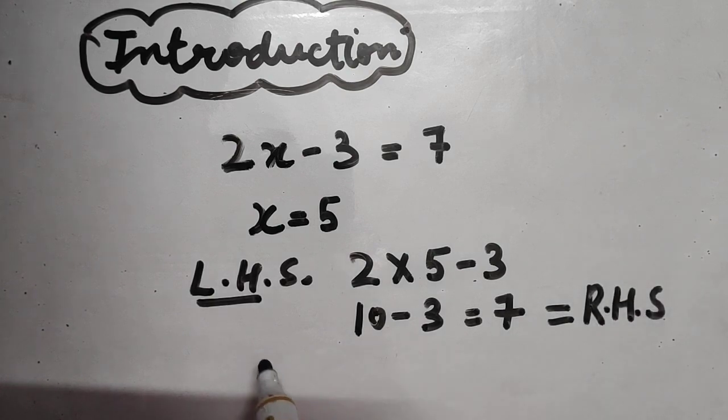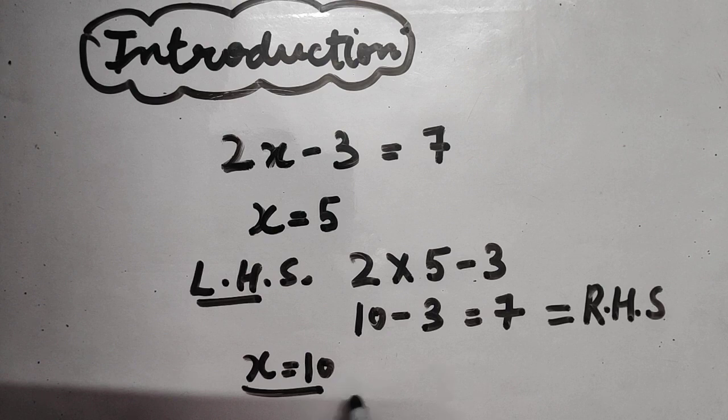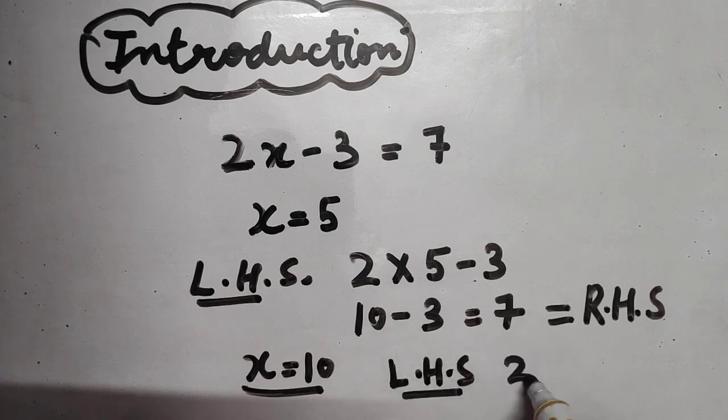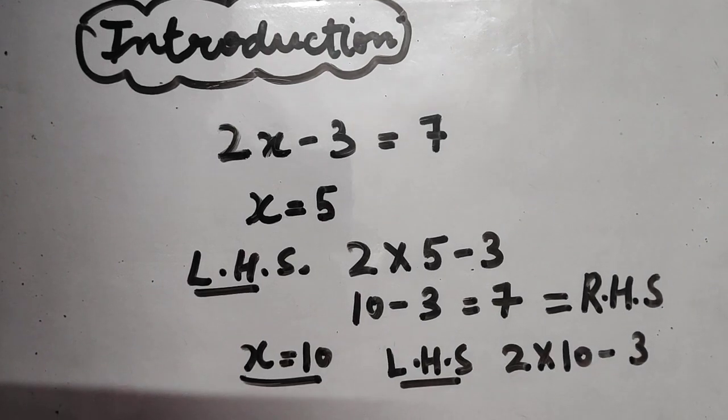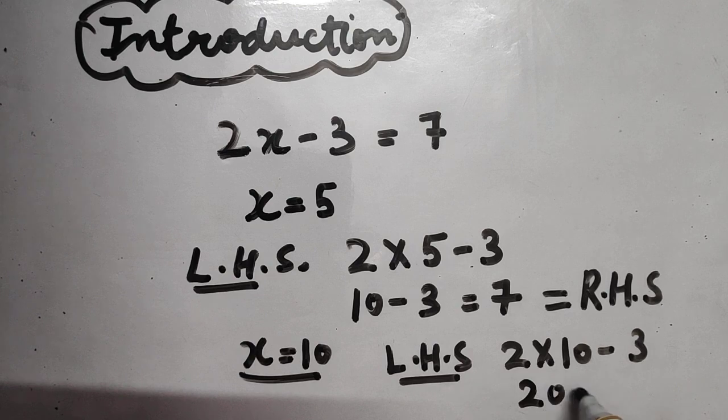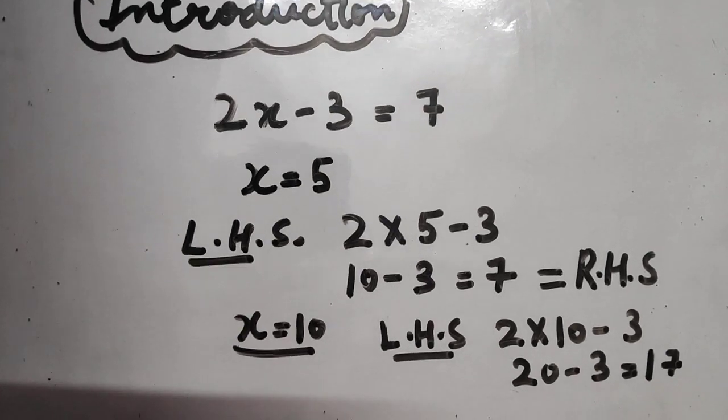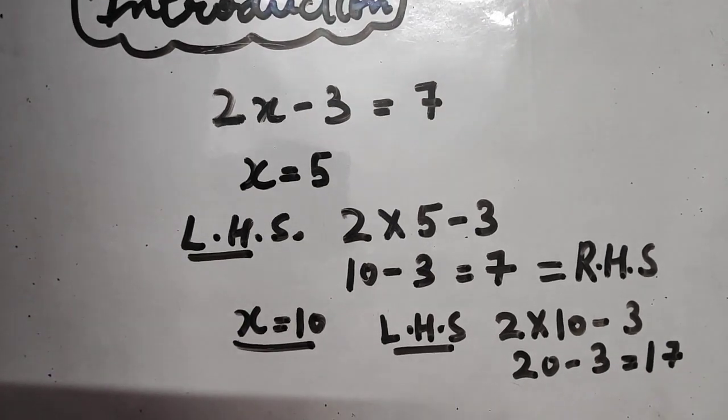On the other hand, if I take x is equal to 10, that will not be the solution. If you place x is equal to 10, the left hand side will be 2 into 10 minus 3, that will be 20 minus 3, which is equal to 17, which is not equal to 7, the right hand side.